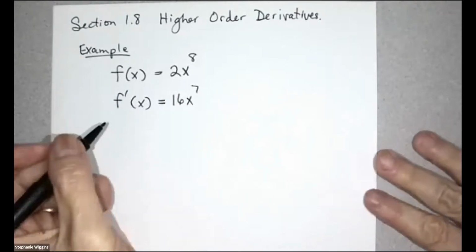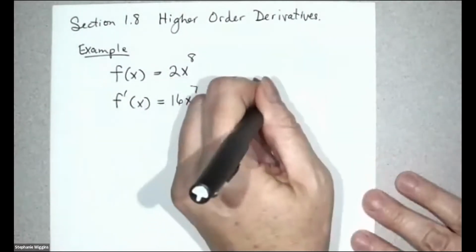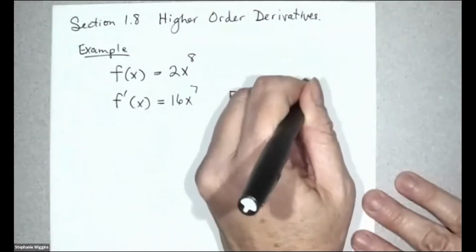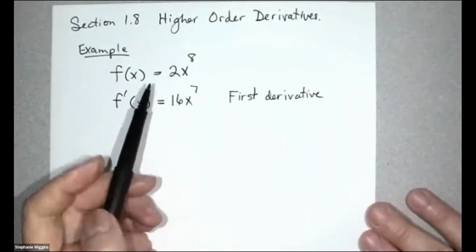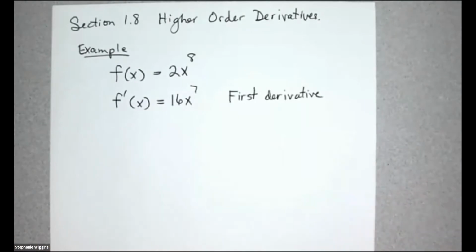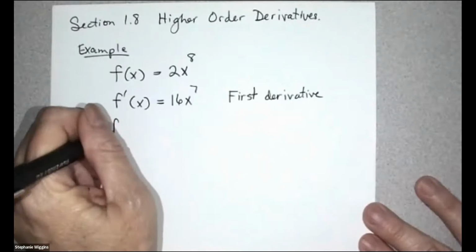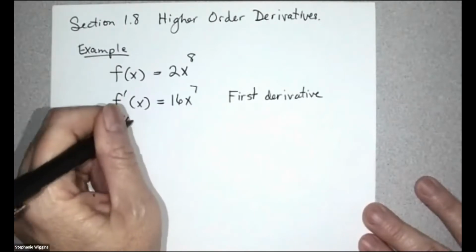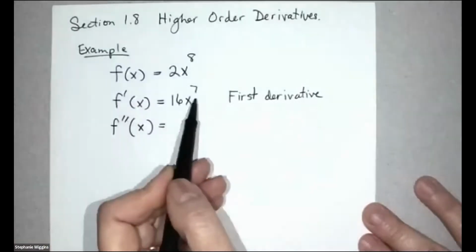This is the first derivative as opposed to the second derivative. The first derivative is just taking the derivative of your function. If you want to take the derivative again, of the derivative, then that's f prime prime, f double prime. Now I'm taking the derivative of the derivative.